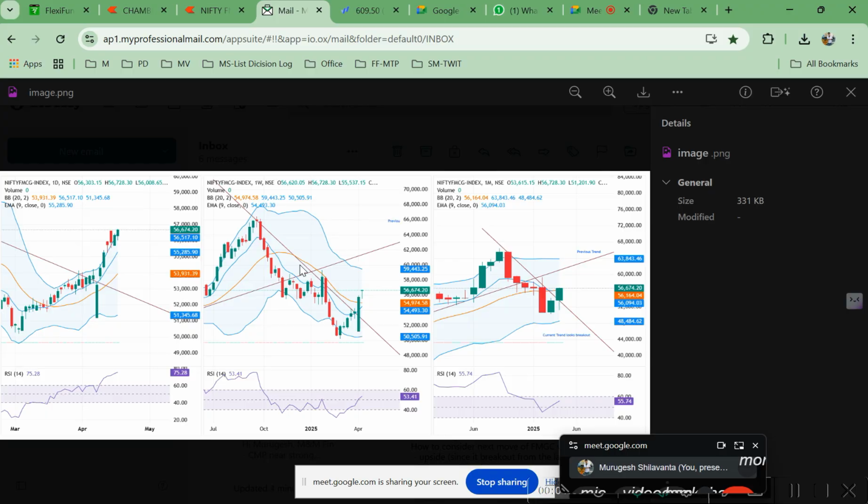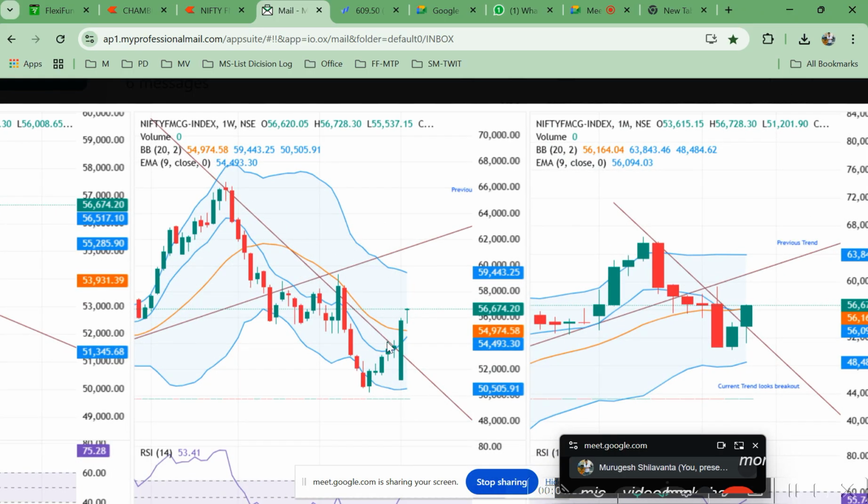Here you drew this trend line, but not the exact one.